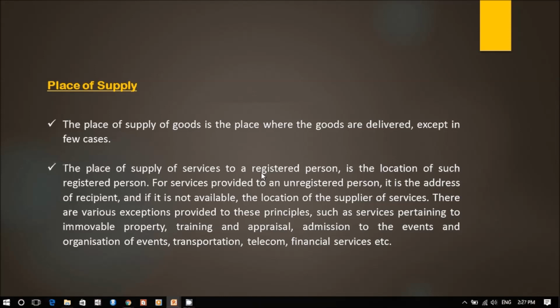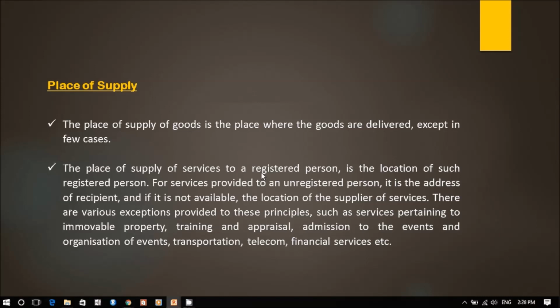So one more thing that I want to say, the place of supply will decide which state would get the amount of SGST, the component of the SGST. That's why the concept of place of supply is important.